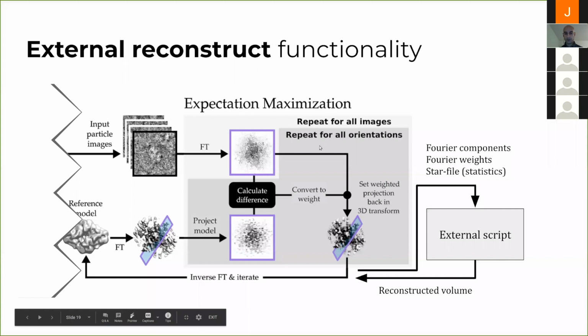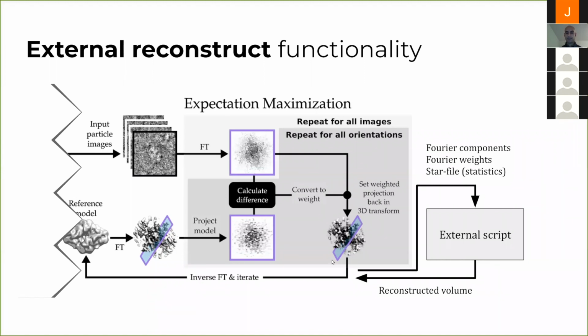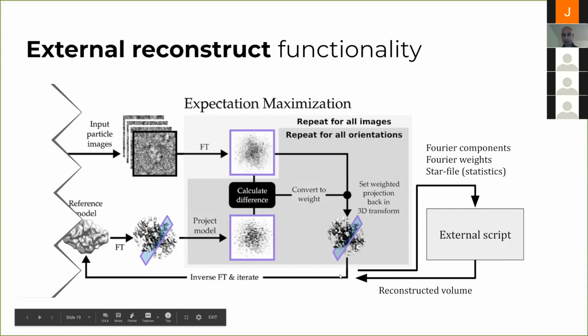So you do the expectation step, where you accumulate statistics into your back projected model, and then you do the maximization step to create the next guess, the next model for the next iteration. But the external reconstruct functionality allows the user to replace that part of the reconstruction algorithm with something they define, a custom script, basically. And this was what we used in this project. We replaced the maximization step. If you remember, it was only the maximization formula, the update formula, that was replaced.